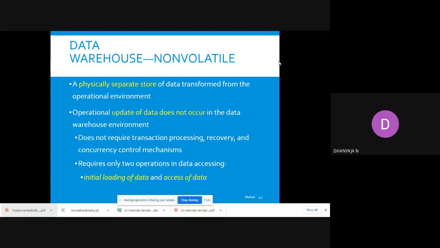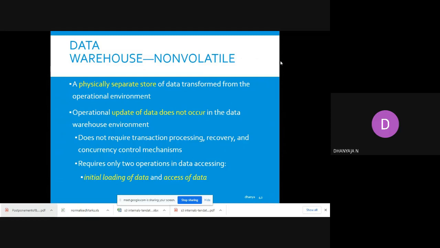And there are different tools which will help us to do the updation in data warehouse. Normally, we will say a data warehouse is subject oriented. A data warehouse provides information on a specific subject, which will help you to analyze the data of that particular subject.